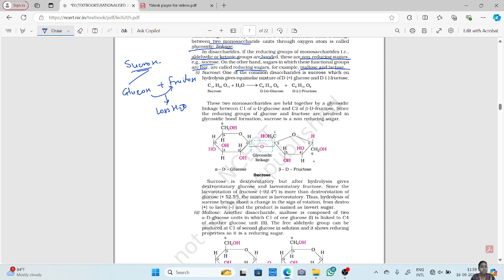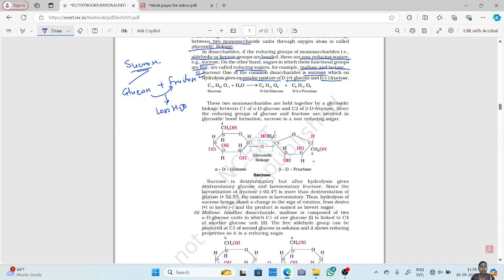Now let's first see the structure of sucrose. Sucrose is one of the common disaccharides, which on hydrolysis gives an equimolar mixture of D plus glucose and D minus fructose. Equimolar mixture means both will be in equal quantity.